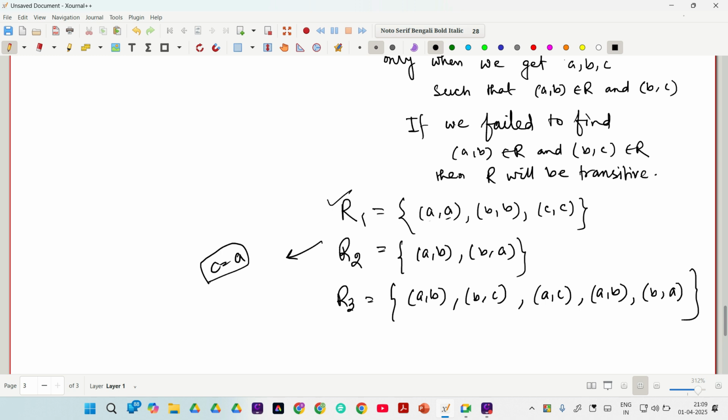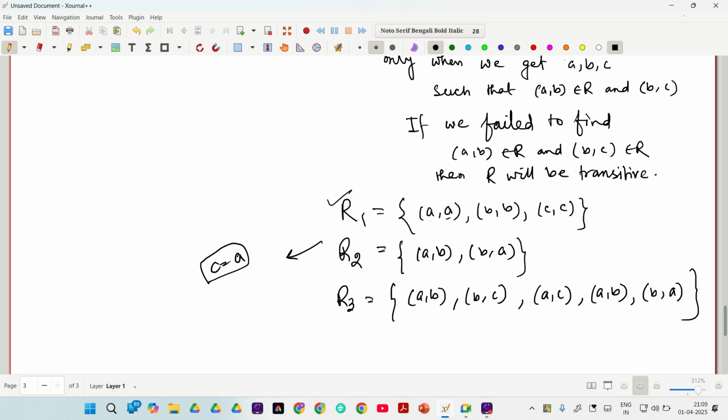Okay, it is satisfying that A comma B and B comma C belong to R because we have taken C equal to A. But what was the last then statement? Then statement was A comma C belongs to R in order for R to be a transitive relation. But whether A comma A belongs to R2?